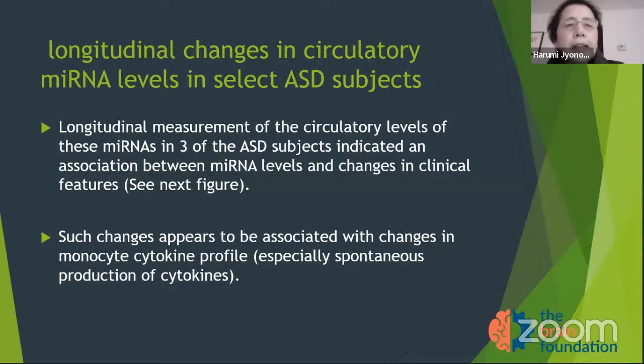Okay, so essentially the serum circulating levels of miRNAs are associated with those cytokine productions, and we also saw some associations with GI and other comorbid conditions previously with monocyte production.